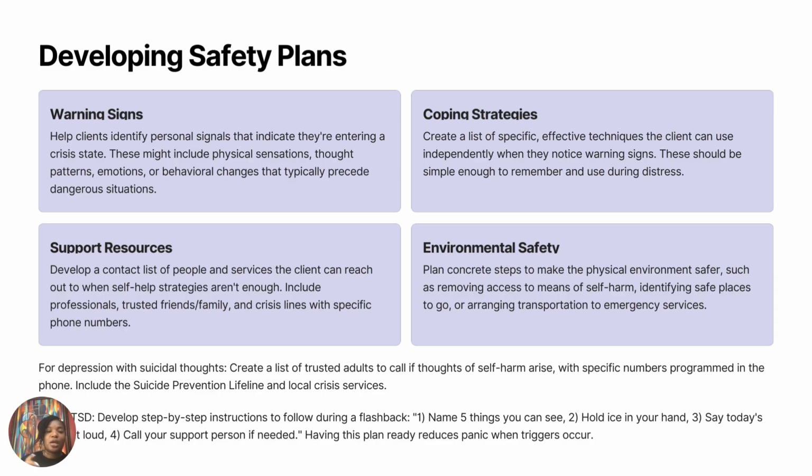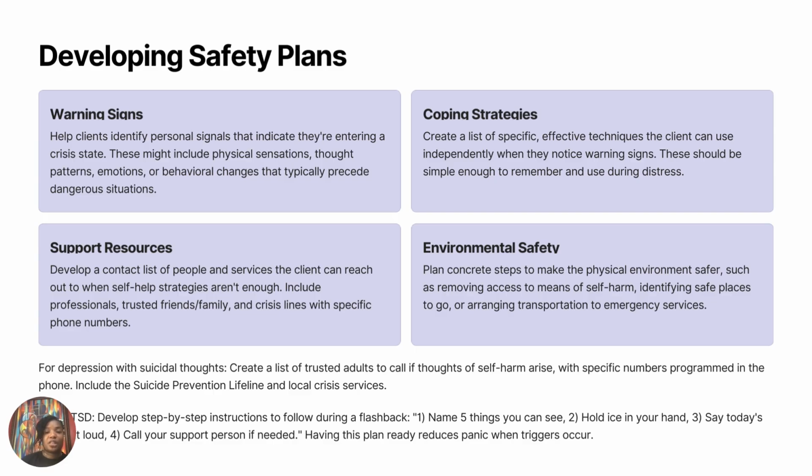And you give them a contact list of people and services that they can reach out to when self-help strategies aren't enough. So, in the support resources, include professionals, trusted family and friend members, and crisis lines with specific phone numbers. And then also an environmental safety plan.